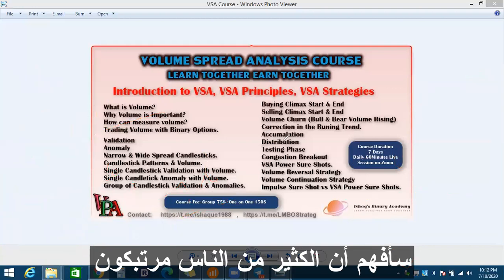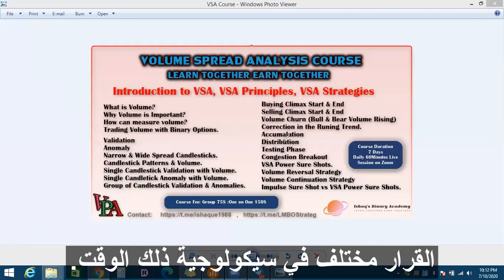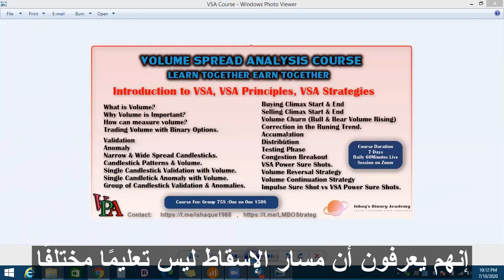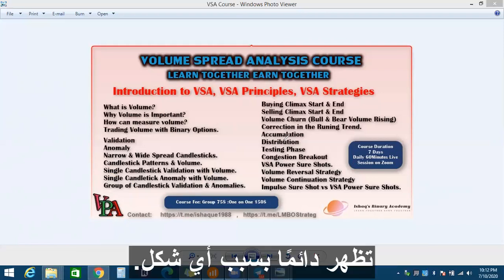There are so many people confused about candlestick psychology, thinking that price action is different and the psychology of the candlestick is different. No, psychology is a part of price action. It's not a different education. When we know the behavior of any person, any product, any action, that behavior always appears because of some shape.